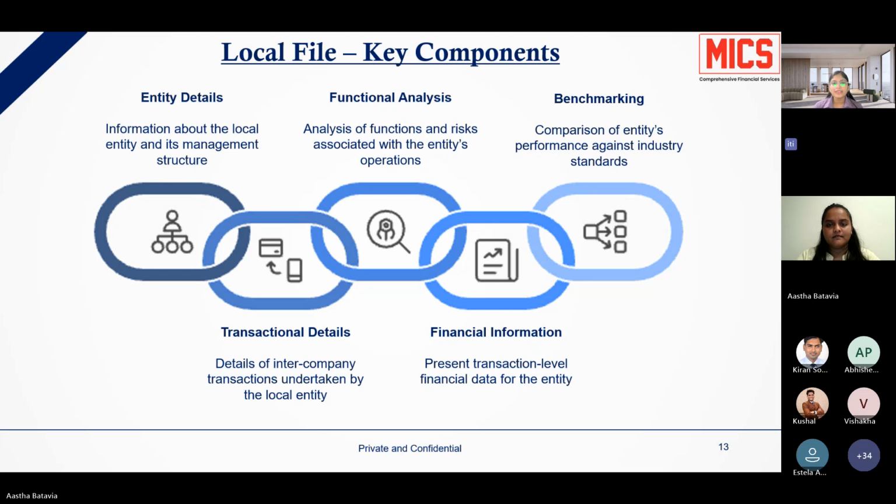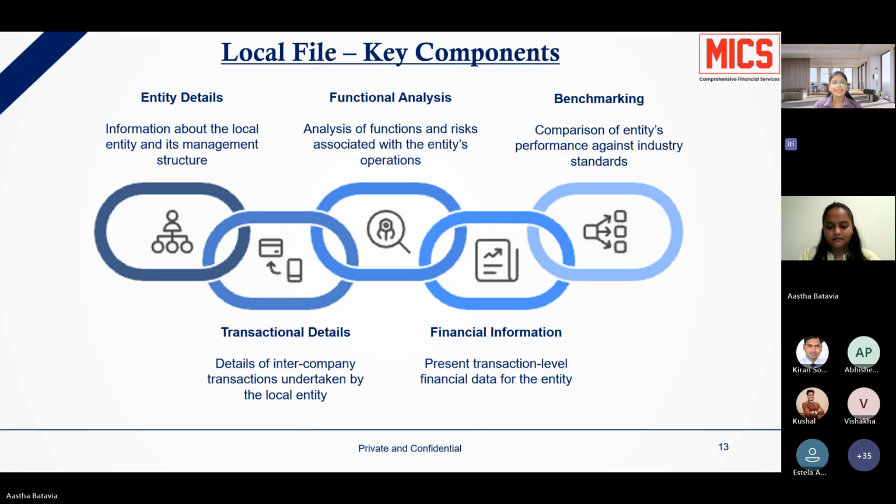So, what are the major components of a good local file? The first one is entity details, who manages the entity, what is the structure within the entity. After this, we provide information related to functional analysis. It covers what this entity actually does, what risk it takes, what assets it owns or uses.